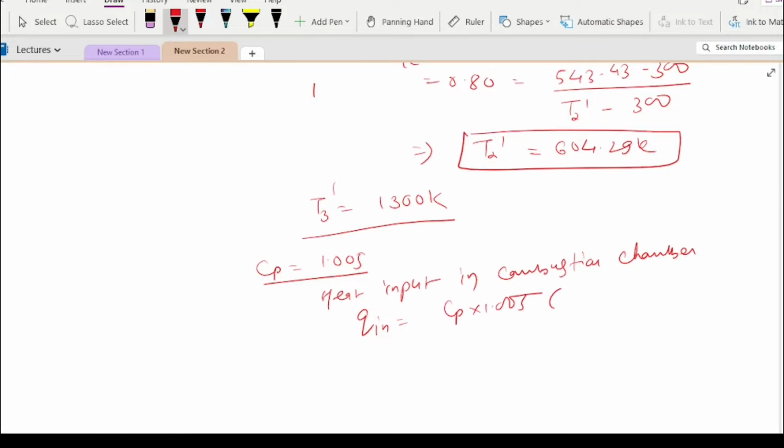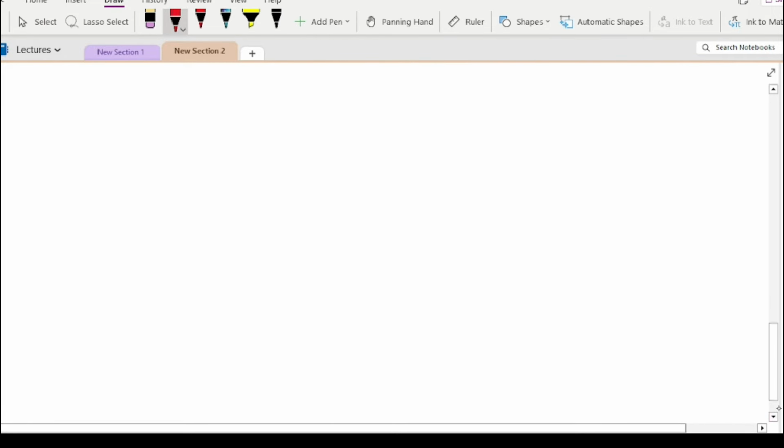We are considering heat supplied per kg of gases. So T3 dash is 1300 minus 604.29. So the heat input in the combustion chamber can be calculated from the above equation.